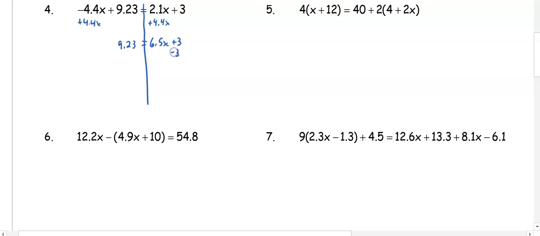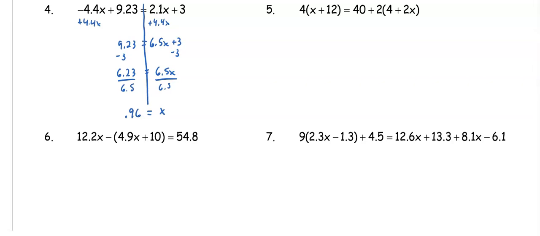Then we can subtract 3 from both sides. 6.23 equals 6.5x. When we divide by 6.5, because our problem had decimals in it, our answer can have decimals. So when we divide, we're going to round to 2 decimal places. So we would get 0.96 is equal to x.